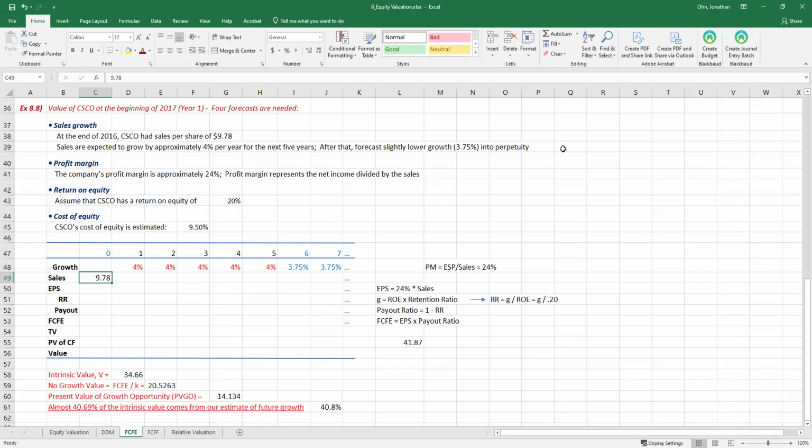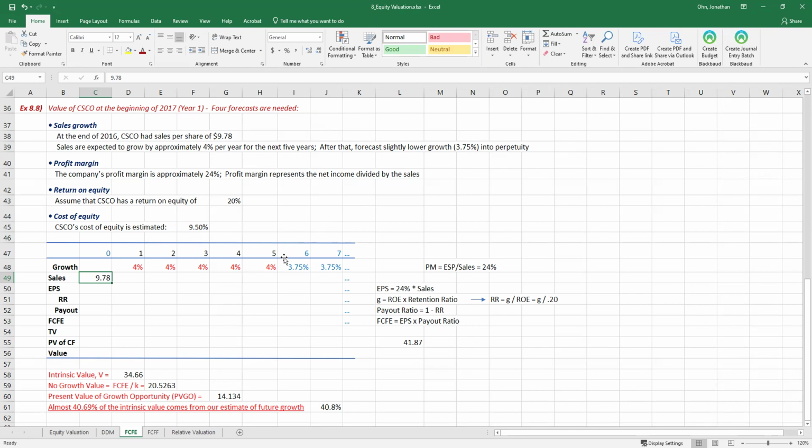You see that? The first 5 years have a little bit higher sales growth, but after that, our projection is it will stabilize at 3.75% permanently.